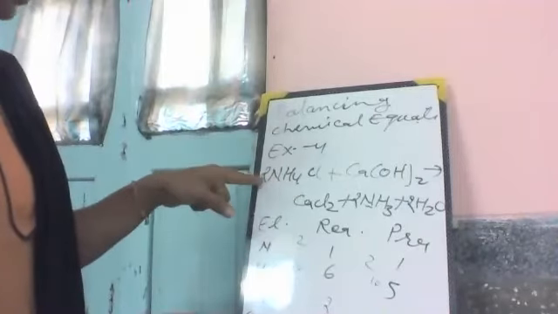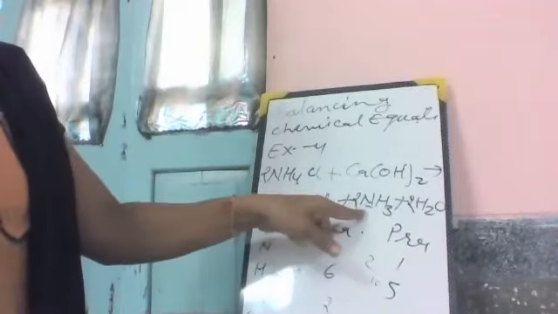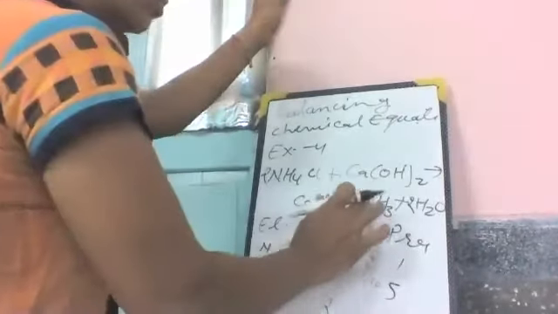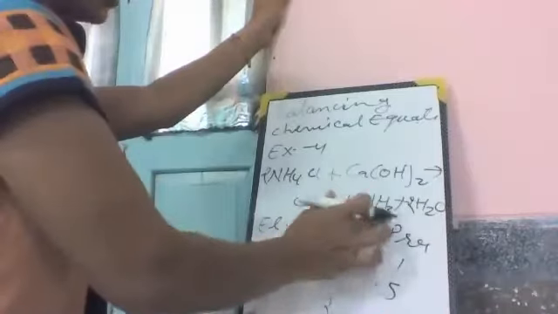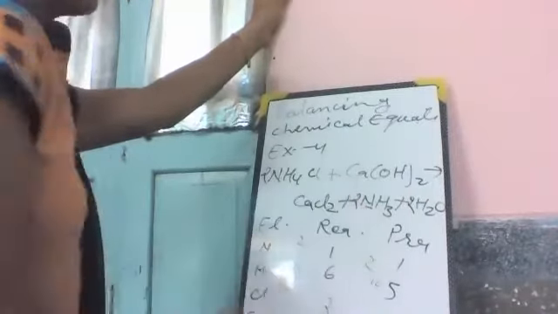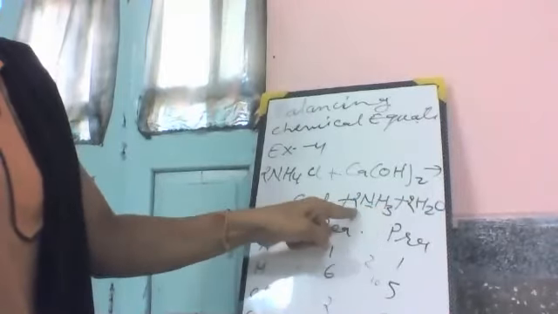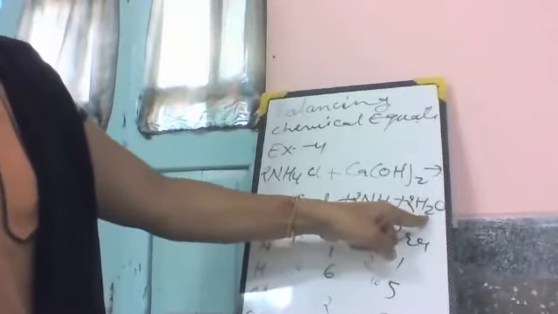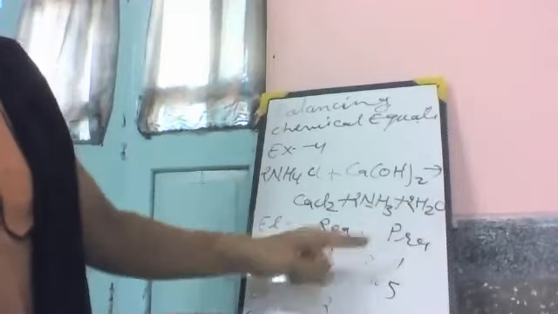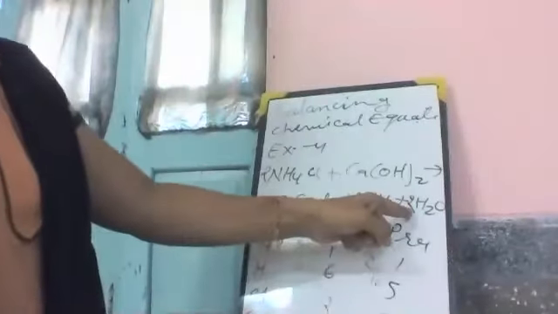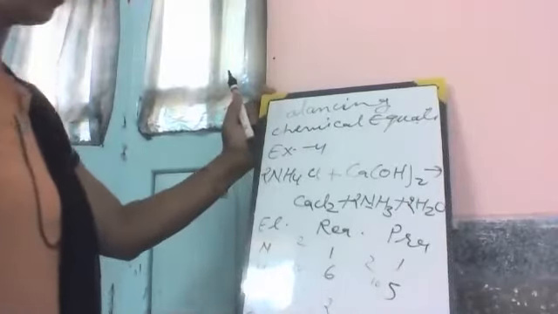To equalize the nitrogen, we have to multiply ammonia by 2, giving 2 NH3. Then the number of hydrogen here is 6, and here is 2. To make the number of hydrogen equal, we multiply the water molecule by 2, and we have balanced the equation.